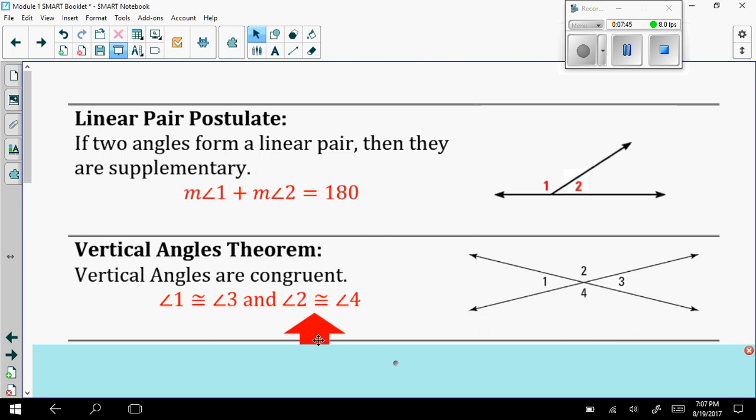Again, notation-wise, this is a measurement, so it's a number, so I use an equal sign. This is a figure, so I use a congruent sign. We're going to use these postulates and theorems in class the next time I see you to find measures of angles.